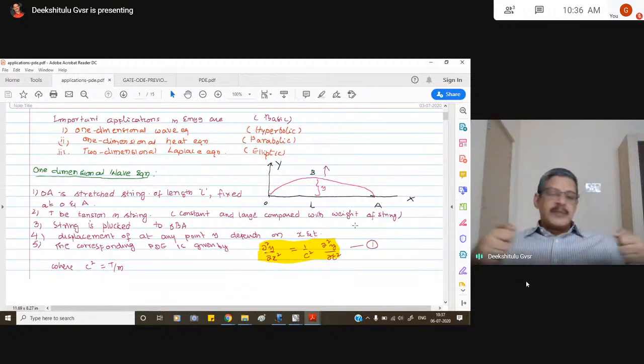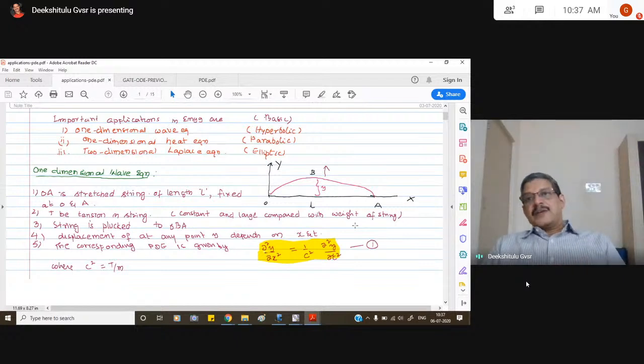Once the string is stretched tightly like this, hold the string, pull it to one side, or else just pluck it like this. Give it a vibration. Both ends are fixed, and then you apply some force and it will start to vibrate. In fact, this is the principle in most string instruments like veena, sitar, guitar, in all these music instruments.